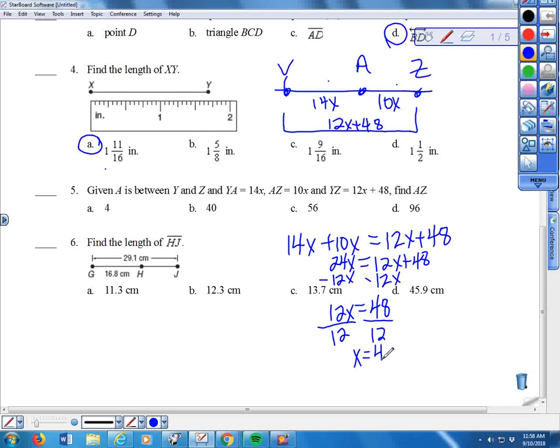No. What was the question? AZ. So be careful, because do you see that 4 is an answer choice? You do all this work and then you pick 4 because that's what you got. Always make sure you're answering the question. So AZ is 10x. So 10 times 4 is 40. Make sense? Okay.